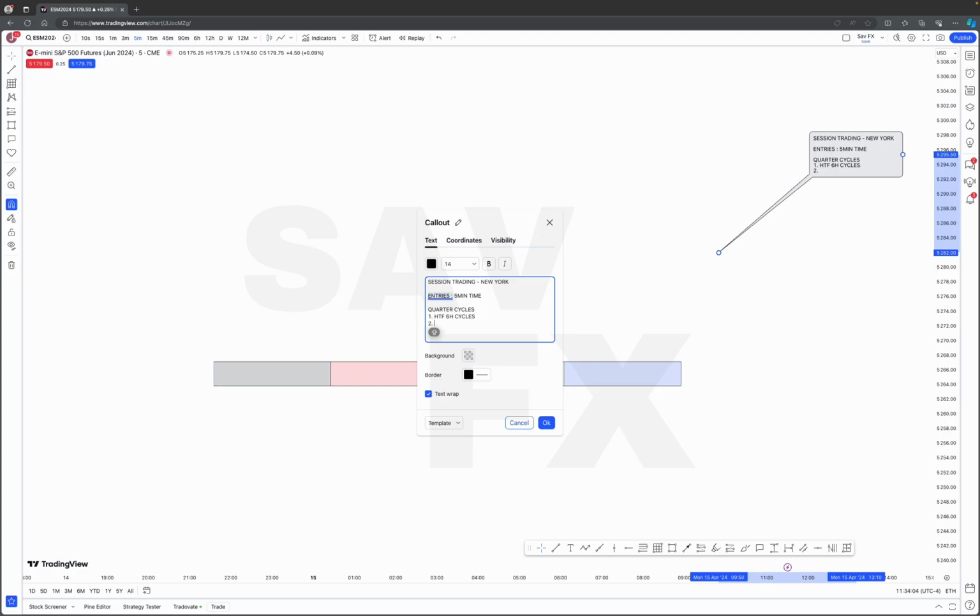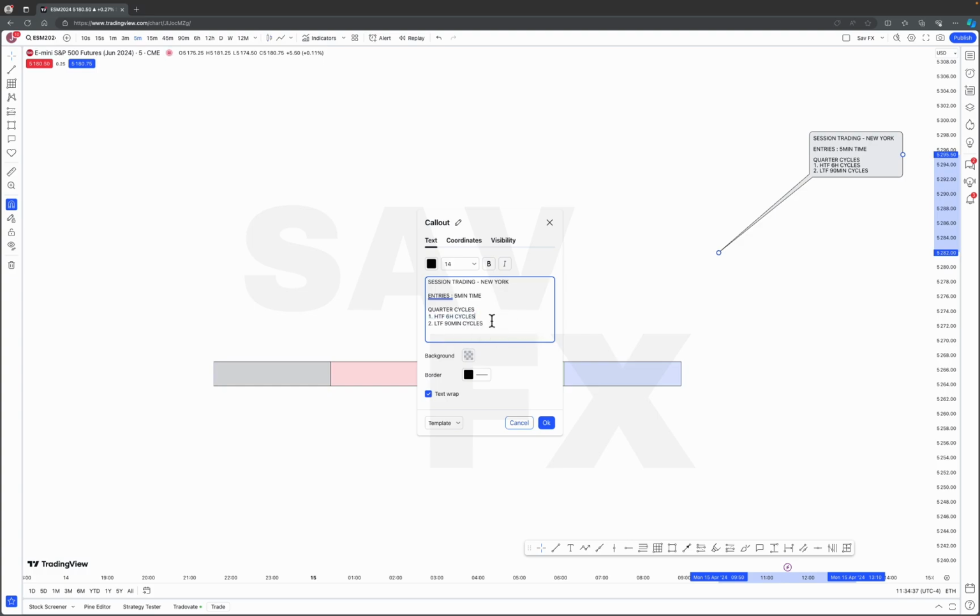Number two, for lower time frame, you need 90-minute cycles. So what do I mean by this? Whenever you are looking to take your trades within the 5 minute time frame, you need two true open ranges. You need a true open based on 6-hour cycles and also based on 90-minute cycles.